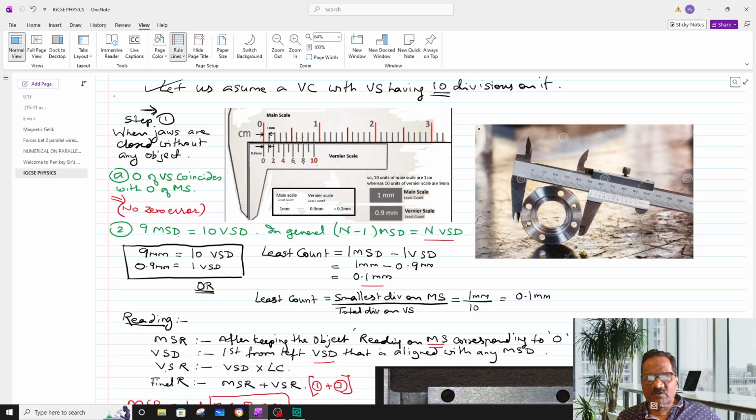Now normally, on the vernier caliper itself, the least count is always printed. For example, the vernier caliper I showed you in my hand. I want to show you once again, so I'll take you to the big screen again.